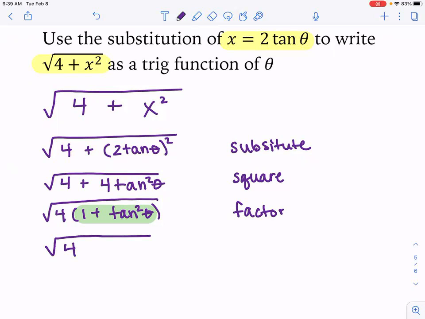You don't. How about the Pythagorean identities? Yeah. 1 plus tangent squared is the same as secant squared because of our Pythagorean identity.